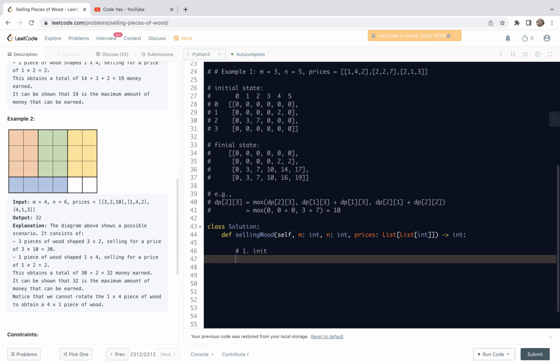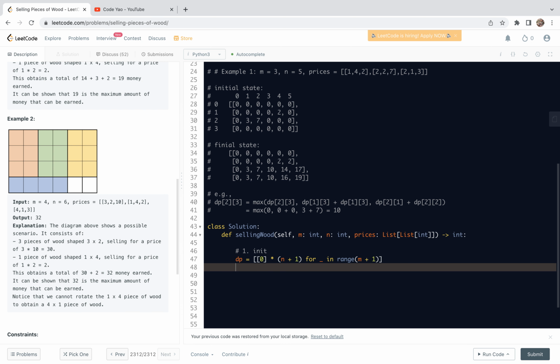For the code, actually it's straightforward. I'm just going to translate the above explanation into code. For this purpose, first let me do some initialization. So we'll make a DP table. We have n plus 1 columns and m plus 1 rows.